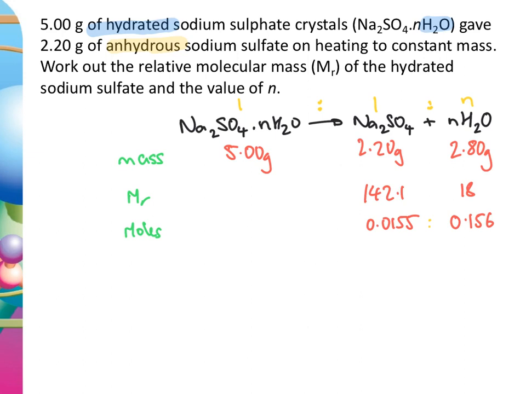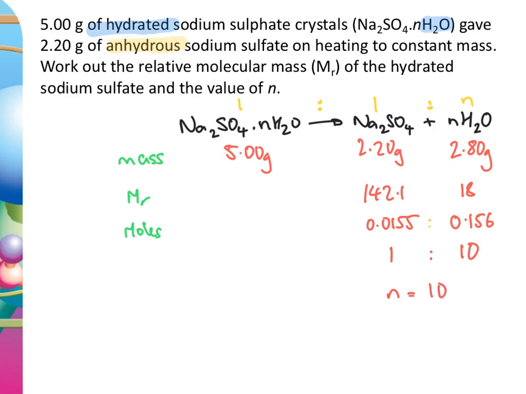If we divide that by itself, we get 1. And if we divide the 0.156, which was a rounded number incidentally, we get something very close to 10. So that means for every sodium sulphate we have 10 water molecules, so that tells us that N equals 10.